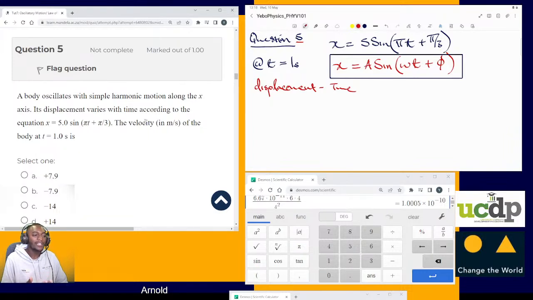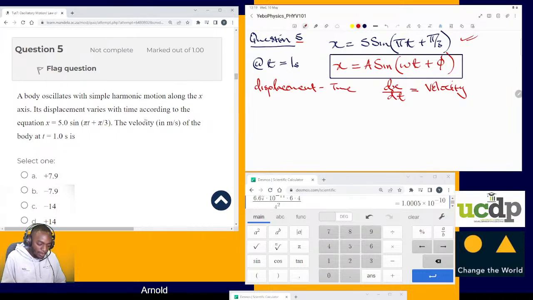Or if you calculate the gradient of a displacement time graph, you get the velocity. Since dx over dt is the change in displacement over time, which gives you the velocity, if we differentiate this expression, we should find an expression of velocity with time, and we can then use it to calculate the velocity.